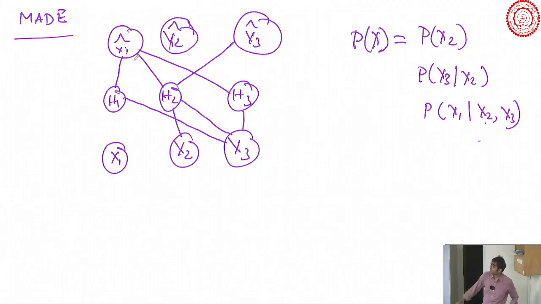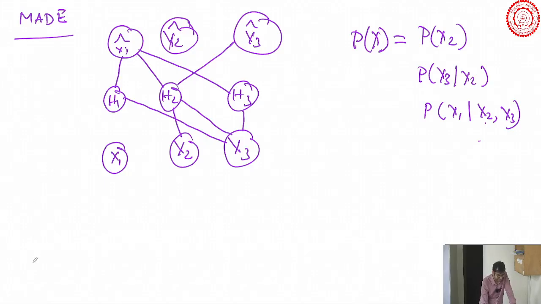Correct. So look at the expression on the right. P of x2, that means x2 is not dependent on either x1 or x3. So look at x2 hat, it has no connection going to it. So all the connections that are going to x2 hat have been removed. So it becomes independent. Correct? x3 is dependent on x2. So look at the connection that is going to x3, you will see that it will only connect you to, oh I have done it wrong, I can see. There is a mistake, right?